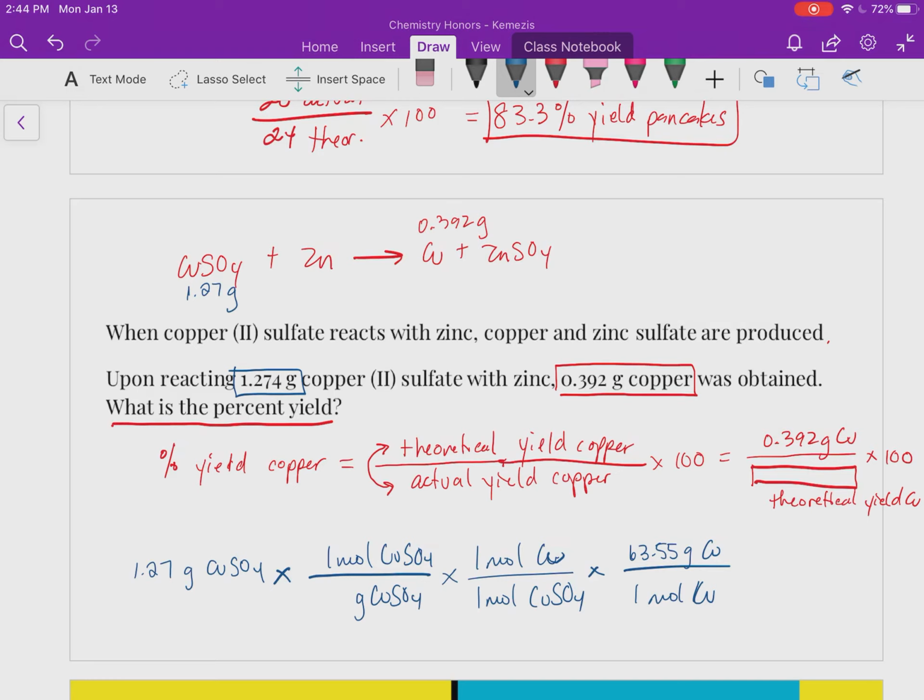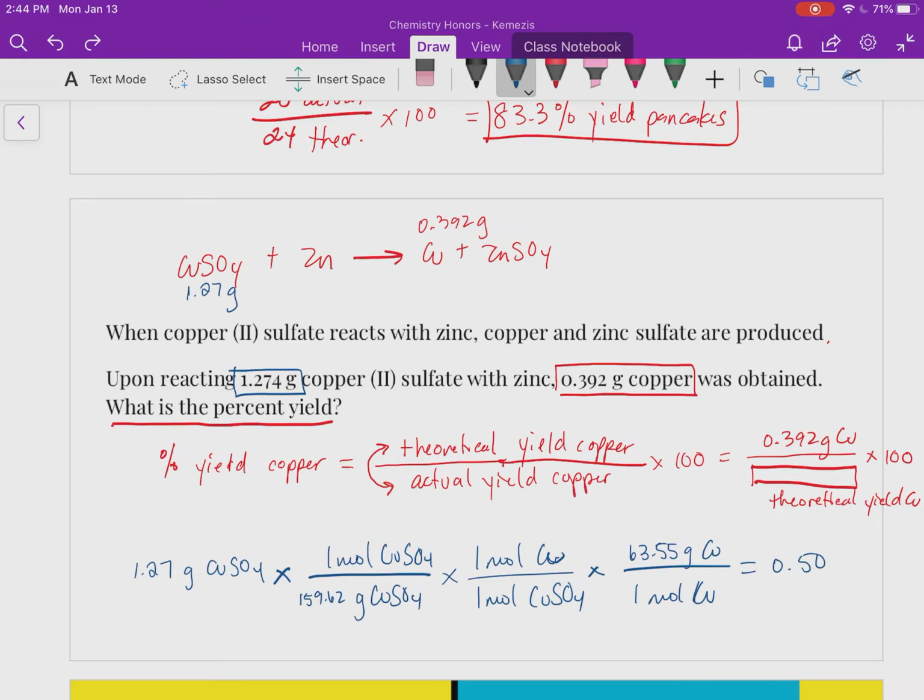So then to get the molar mass of copper sulfate, and sulfur 32.07, I get 159.62. So if all of the copper sulfate were to have reacted properly, we would have been able to obtain 3 sig figs.